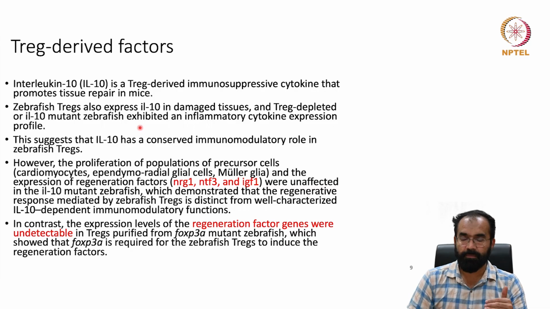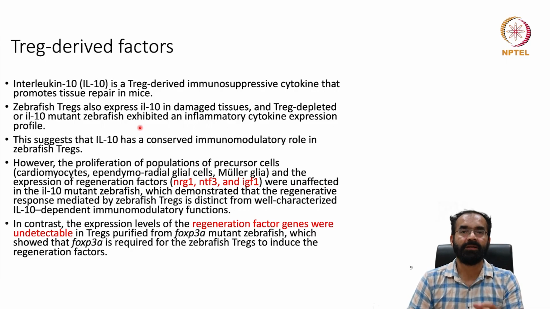Even in mice embryos, if IL-10 is depleted, they lose their regenerative capacity. So this has been documented. This suggests that IL-10 has a conserved immunomodulatory role in zebrafish Tregs.